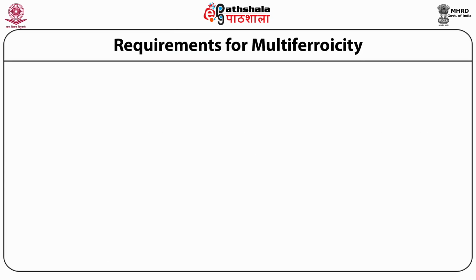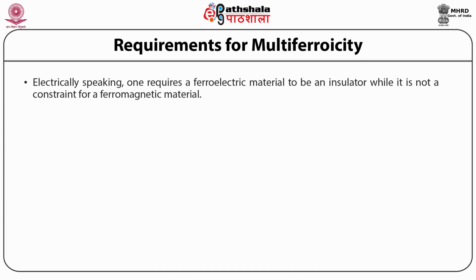There are contradictions in terms of the requirement of functionality. Electrically speaking, one requires a ferroelectric material to be an insulator, while it is not a constraint for a ferromagnetic material.